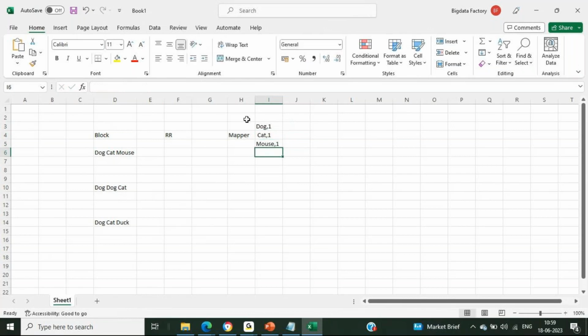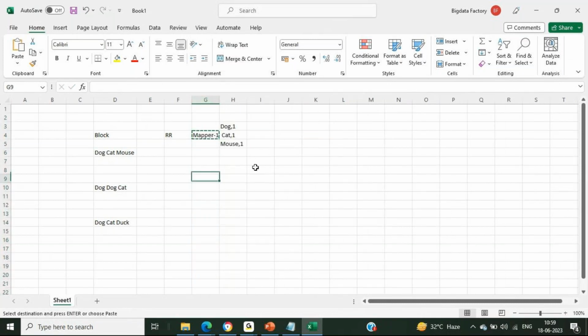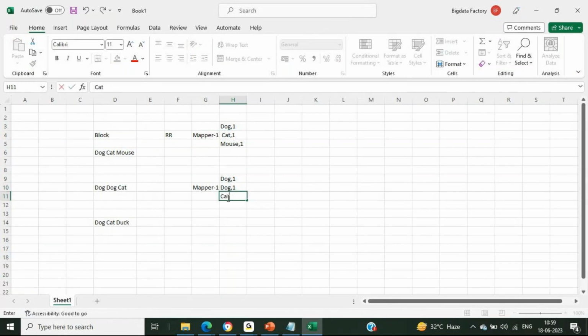In the same fashion, say mapper one, then mapper two over here, and it is dog cat: dog one, dog one, and cat one.